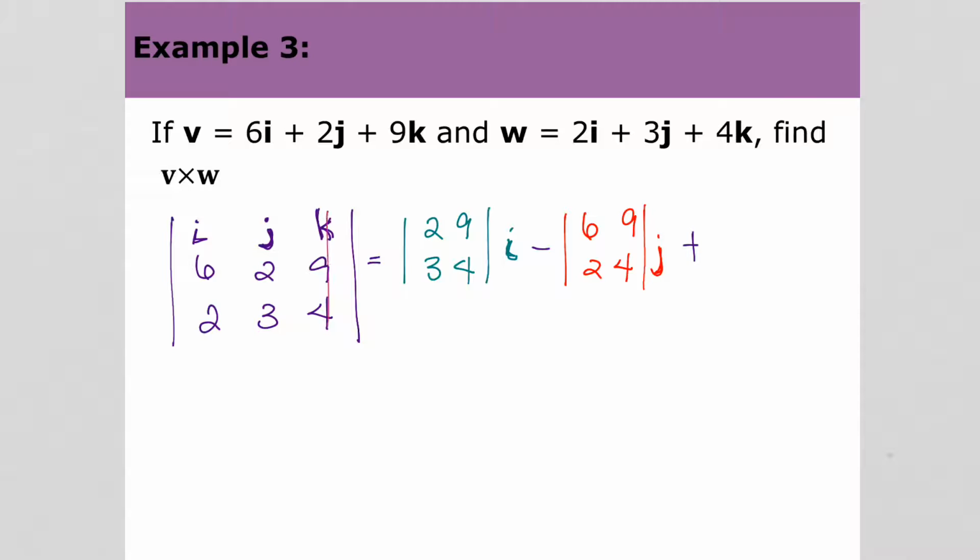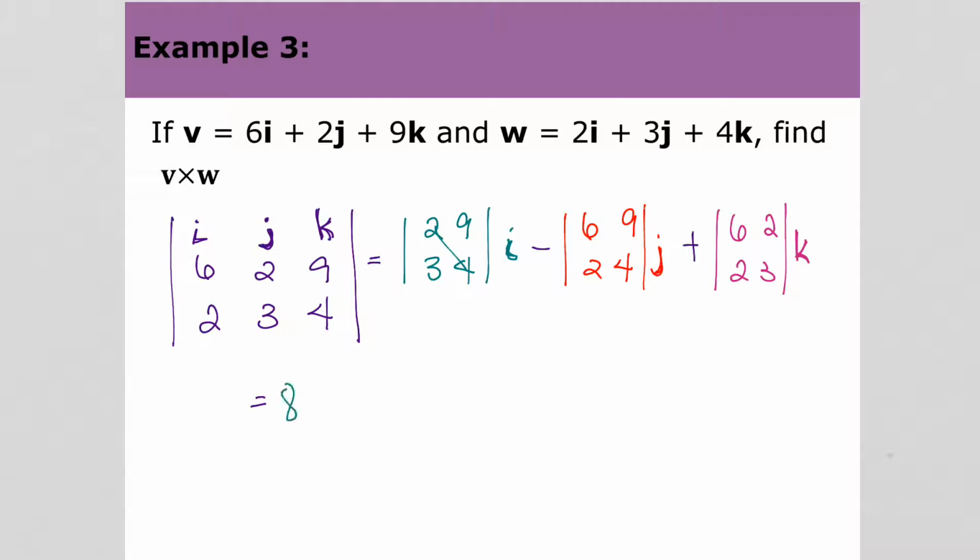Plus, cross out k's, we're left with 6, 2, 2, 3. Okay. And then we go through like we did before.